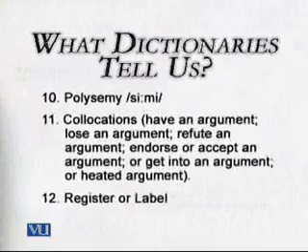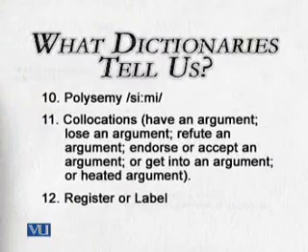The next important thing is register or label. As I mentioned before, when I was talking about which dictionary to buy and what criteria to follow, a good dictionary will definitely give you information about the formality of that word. When we say register, it means it should give you the formality.